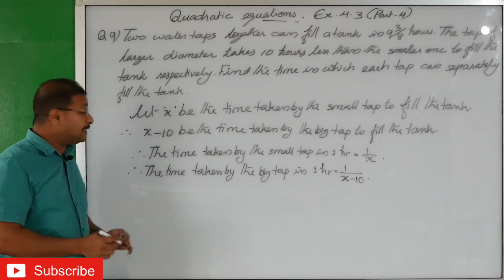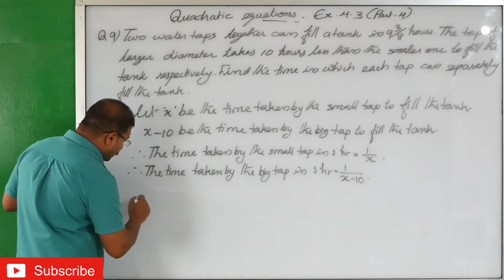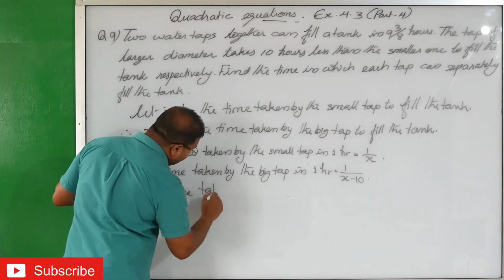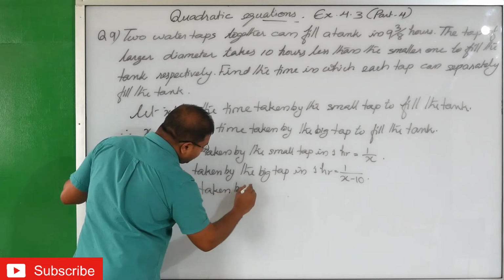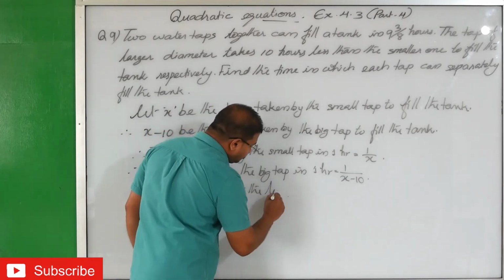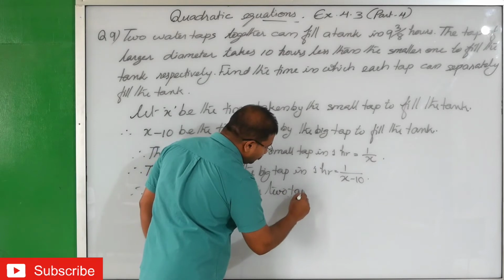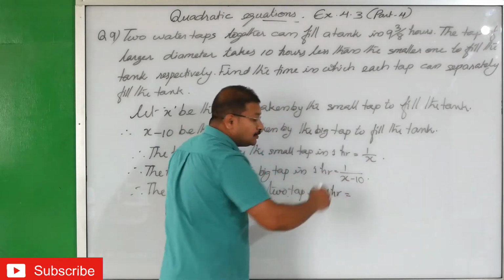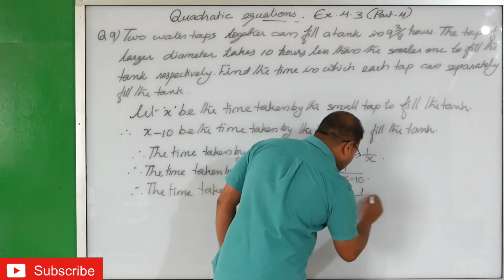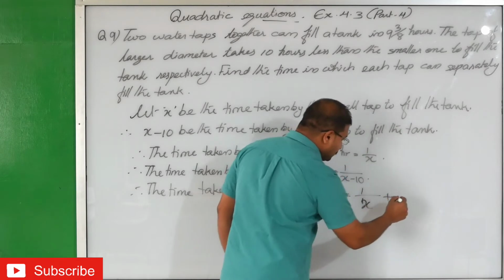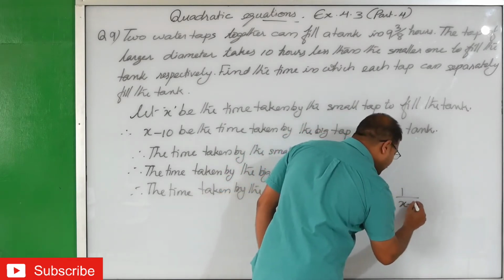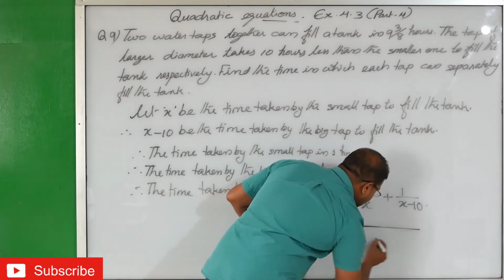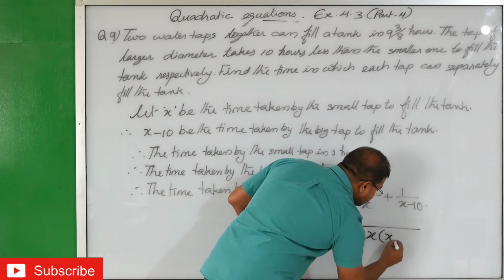Now we can take the sum of these two. Therefore, the time taken by the 2 taps in 1 hour equals, these two will add. That means 1 by x plus 1 by x minus 10. We will take the LCM now. This equals x into x minus 10.